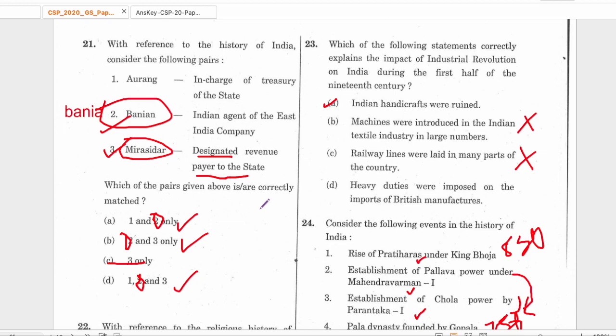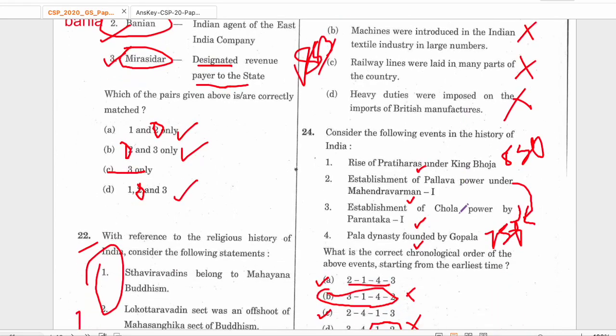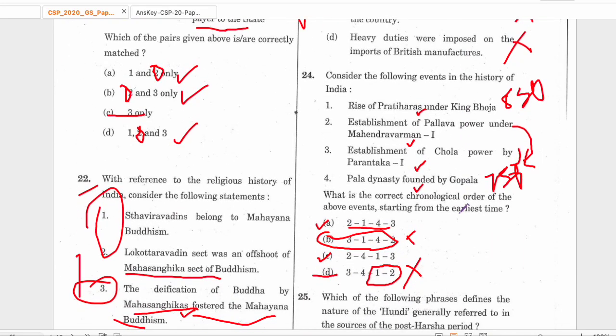But they never introduced the machines in India, otherwise India would have been industrialized. Railway lines were laid in many parts of the country. 1853 is when they started, so how can it be the first half? So it is wrong. Heavy duties were imposed on the import of British manufacturers. If this were so, it would have flourished, and then there would have been no drain of wealth. So the option is clear, and you will realize even if you don't know exactly.